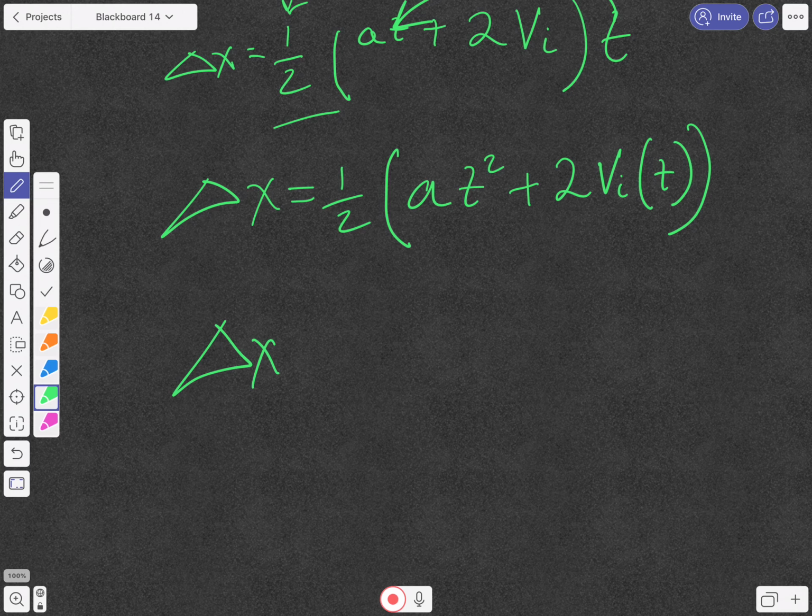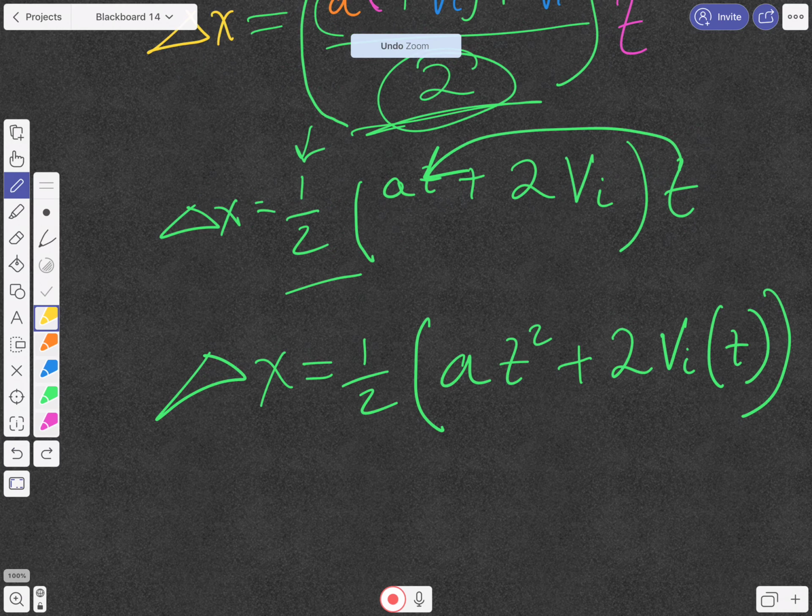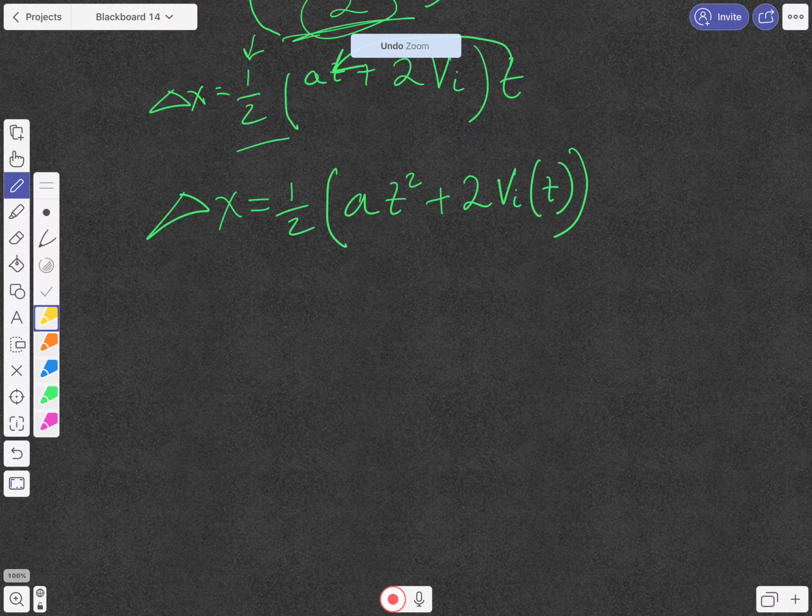So now we have our delta x is equal to, and I'm actually going to distribute out this one more time, but this will give us our final formula, so I'm going to put it in the correct colors this time.